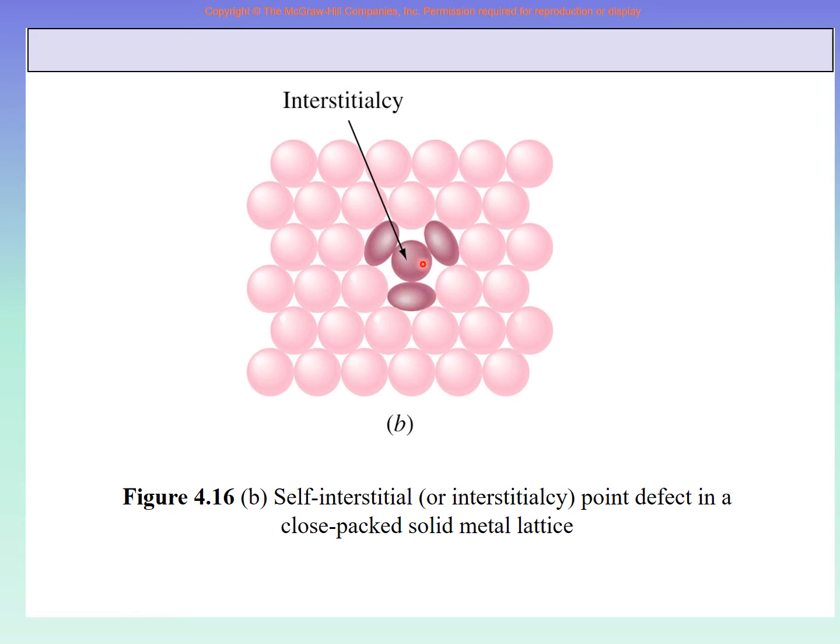Near this defect, the lattice constant A will be larger. This is the second type of point defect. The first type was vacancy. The second type is interstitial defect, or interstitial C.